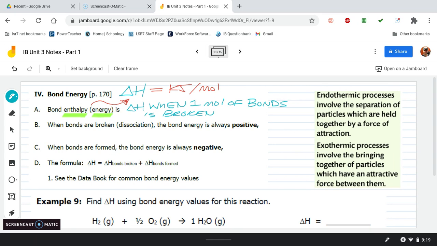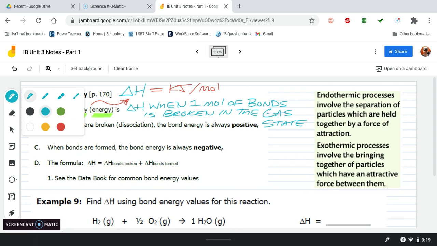I don't know how important that last part will be for you, but the key piece of information here is that we're looking at 1 mole of bonds. We'll look at the delta H, right? It's kilojoules per mole. So that all ties in. All right, so delta H when 1 mole of bonds is broken.